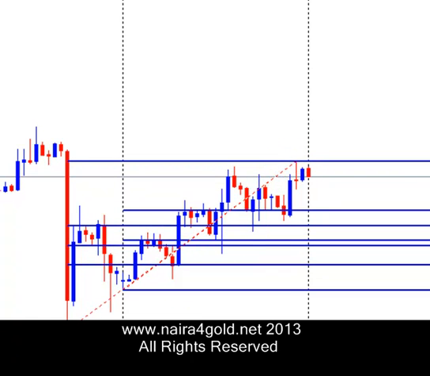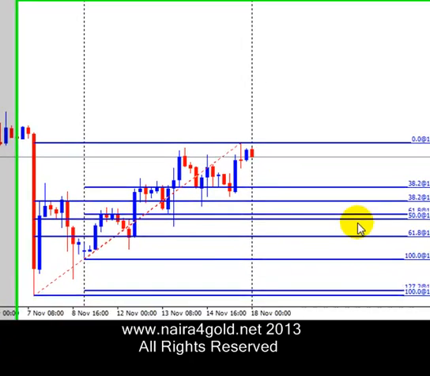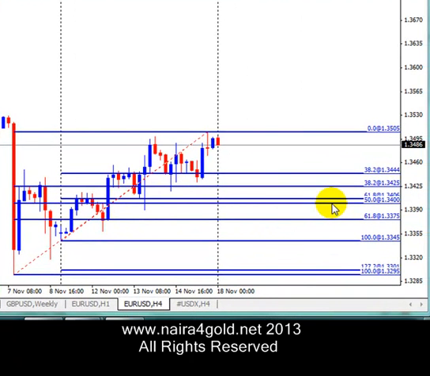Based on that, I have a 50% retracement based on the low of 2 weeks ago at 1.3400, and a 61.8 retracement at 1.3375 for this week.